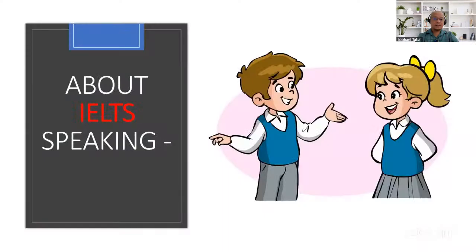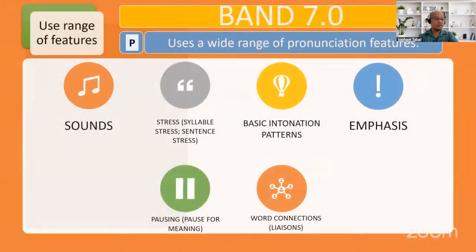So that is the end for IELTS speaking pronunciation. So again, the main criteria here for IELTS speaking is the use of a wide range of pronunciation features with reduced L1 accent and can be generally understood.